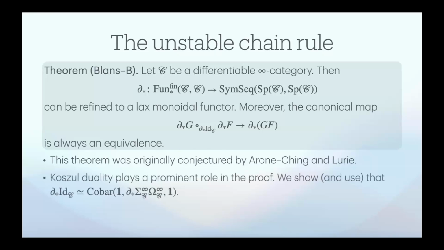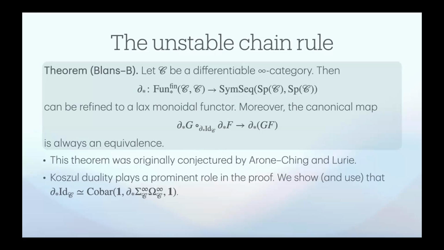So I'm not going to say much about the proof because I don't really have time for that, and I don't think it will be particularly enlightening. But one feature that I think is nice to mention is that, like in the original proof by Arone-Ching, the idea is to use some form of Koszul duality, show that it interacts really well with Goodwillie calculus, and that it allows you to deduce an unstable chain rule from the stable one.